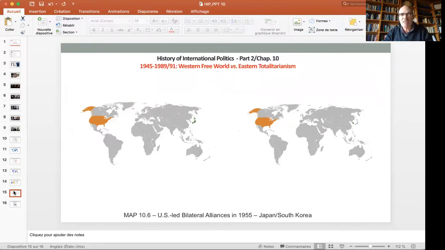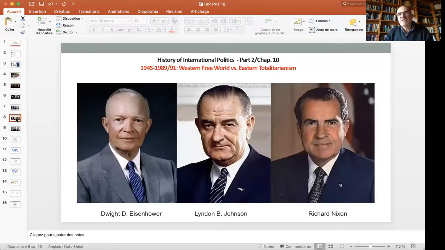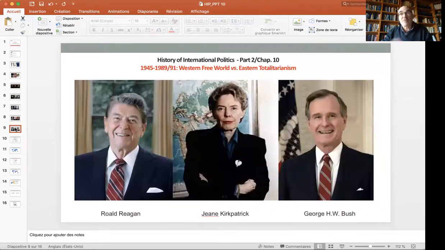And this stabilization, first and foremost, consisted in the arms control process and later in the disarmament process that was launched as early as the 1950s by Eisenhower, and that was pursued, including by Reagan, despite his evil empire speech.